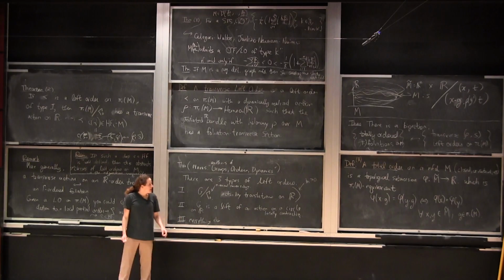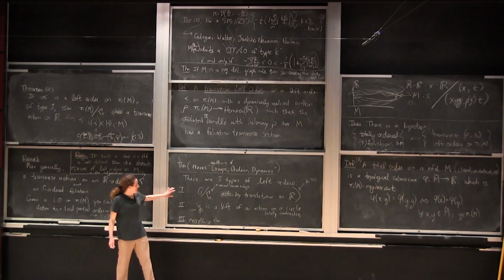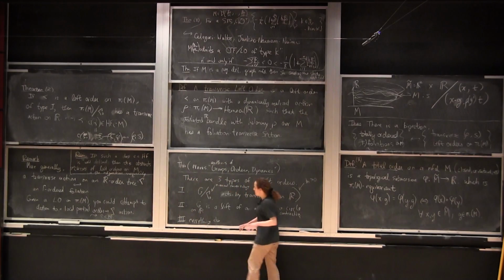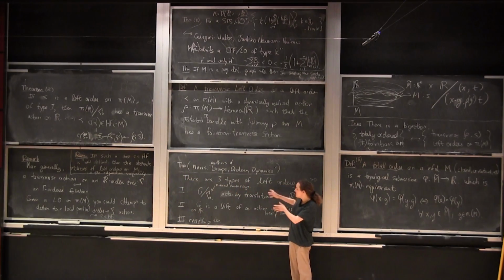So it depends on, I mean, the left orders that you would associate to something with positive first Betti number would be this type 1.